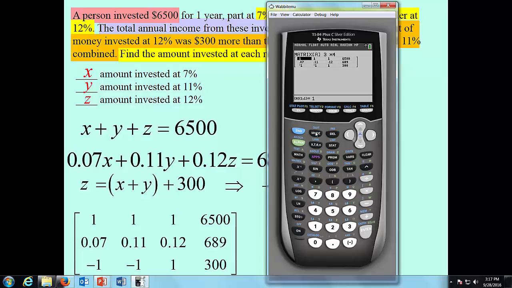Exit to matrix editor and do the RREF. Again, because of the pattern of ones and zeros, these three numbers at the end are the answers in order for X, Y, and Z.